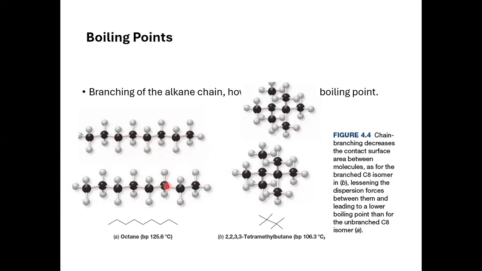So the dispersion forces are greater for octane than for this highly branched constitutional isomer, the tetramethylbutane. The forces of interaction between this molecule and the other are also dispersion forces.